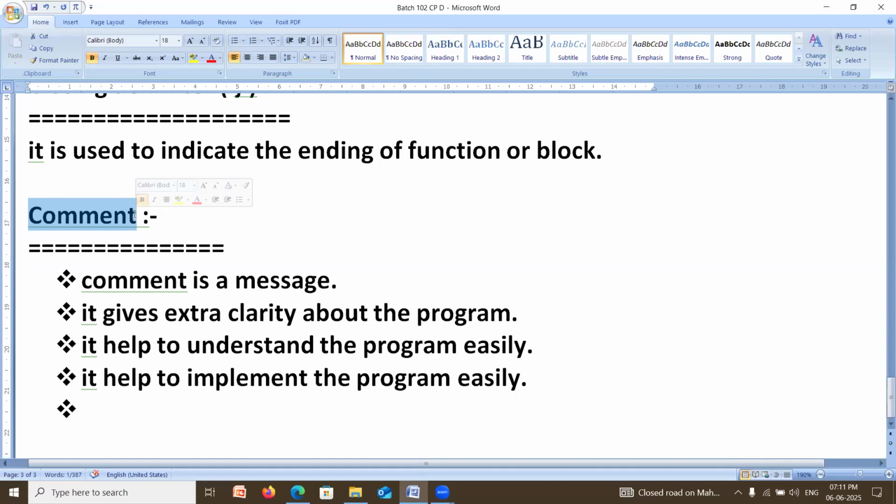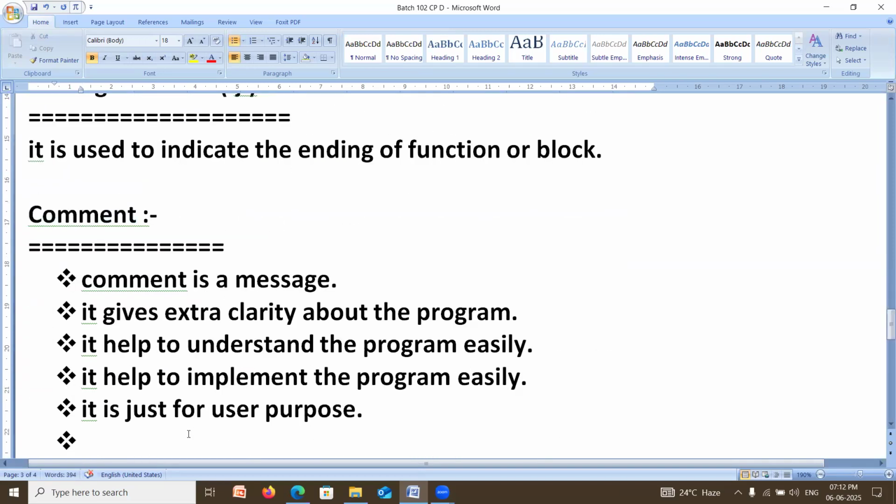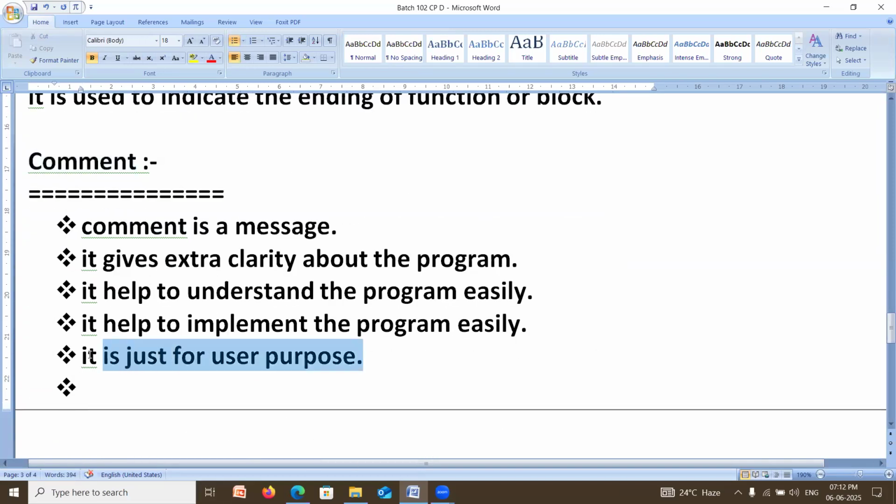In the same manner, we need to write the comments for user purpose, not computer purpose. It is not for computer, so it won't compile also.